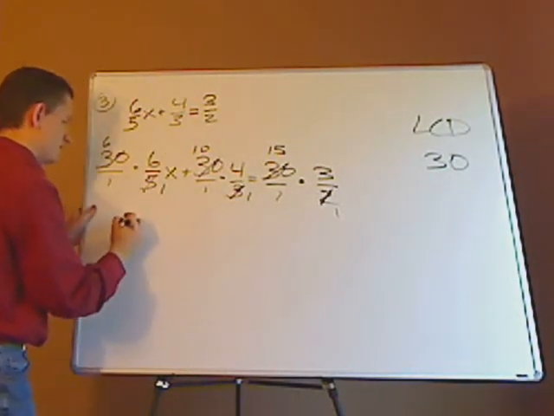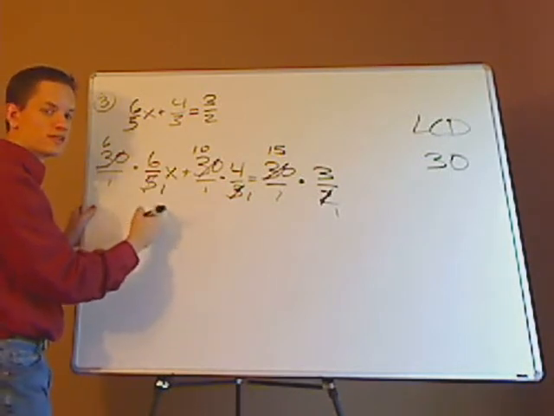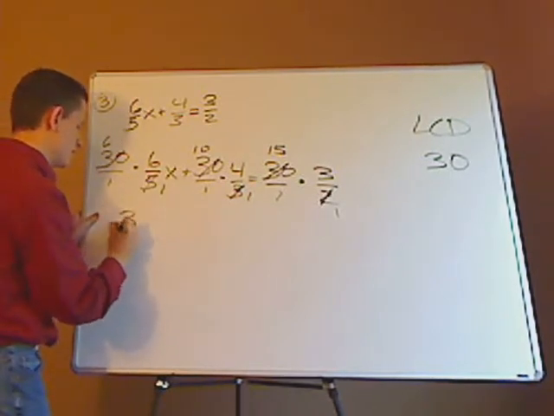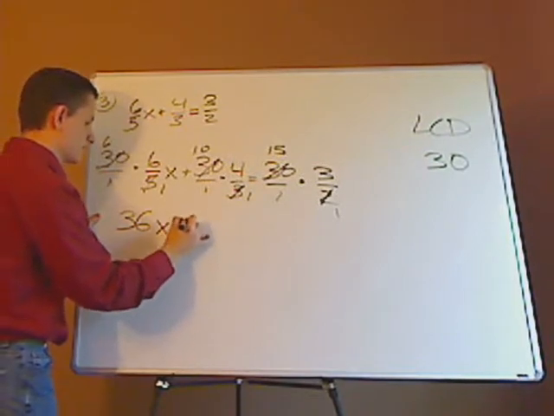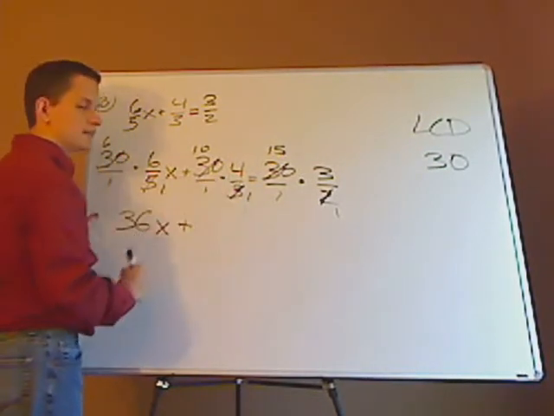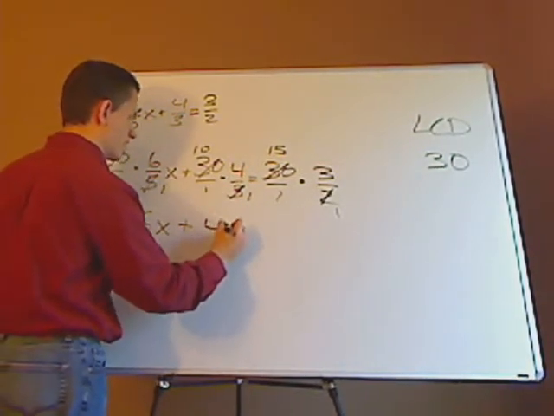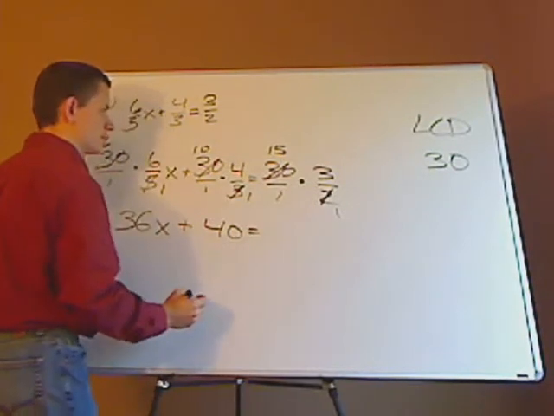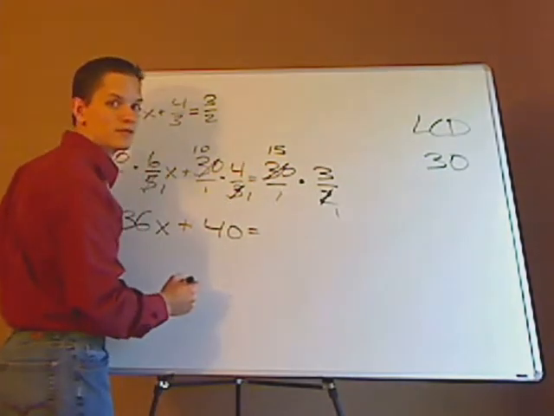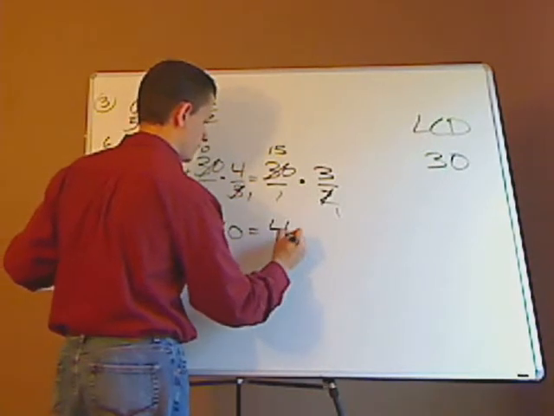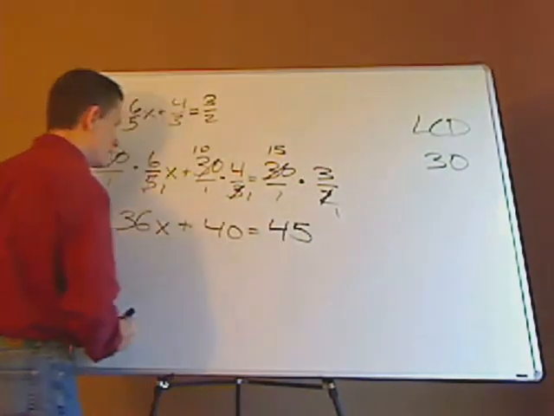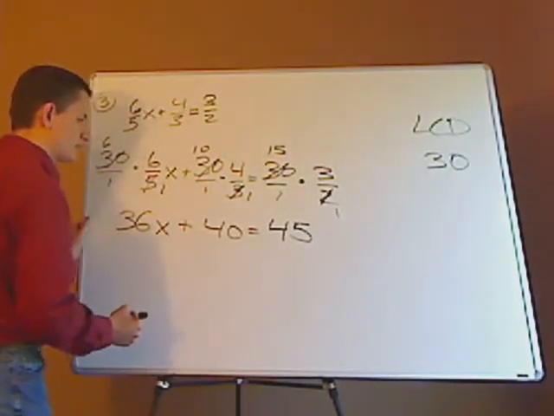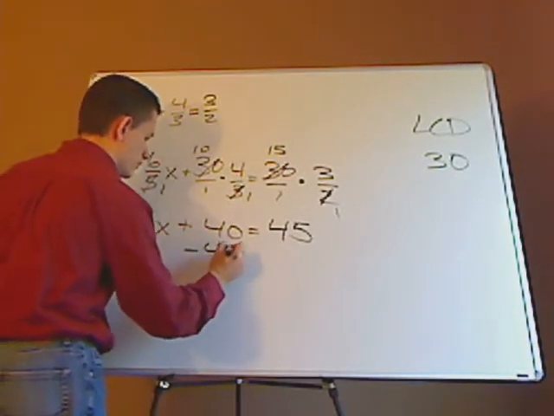So then you have, here it's just a cross, so 6 times 6 is 36, so that's 36x plus, what's 10 times 4? 40, equals, what's 15 times 3? 45. And then you subtract both sides by 40.